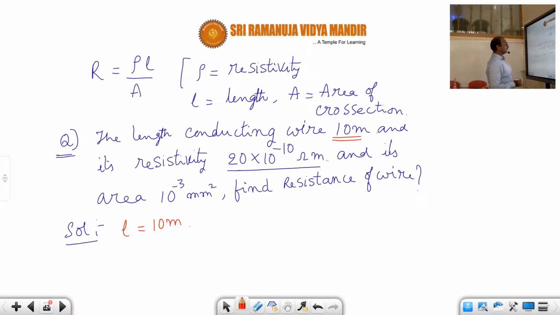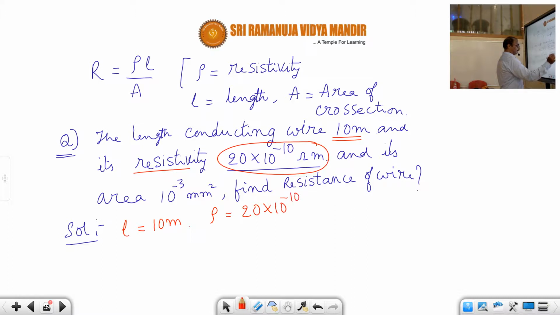The resistivity, denoted by rho, equals 20 into 10 to the power minus 10 ohm into meter. And its area is equal to 10 to the power minus 3 millimeter square.